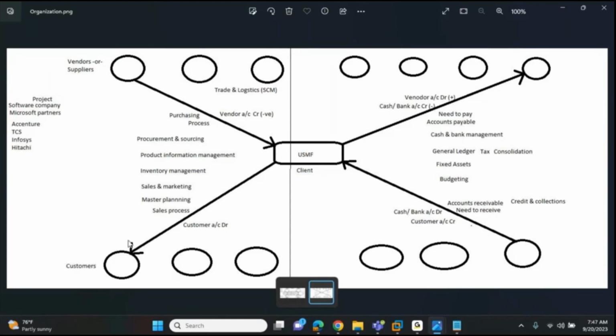I am purchasing laptops and selling laptops. Purchasing washing machines, selling washing machines. Purchasing mobiles, selling mobiles. Purchasing fans, selling fans. Purchasing furniture, selling furniture. Then you need to receive money from the customer and you need to pay money to the vendor.